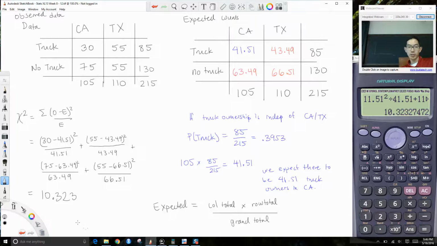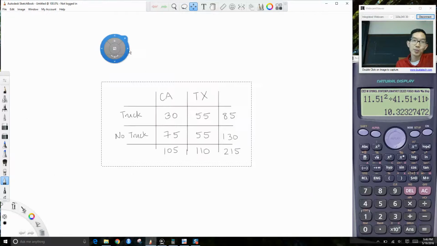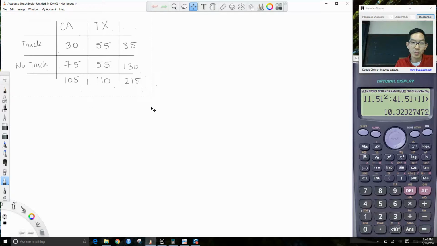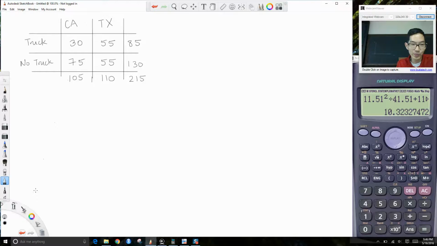Is that okay? Alright, so we'll just copy this in: 10.323. I hope I did the math on my calculator correctly. Okay, so we said chi-squared is equal to 10.323.